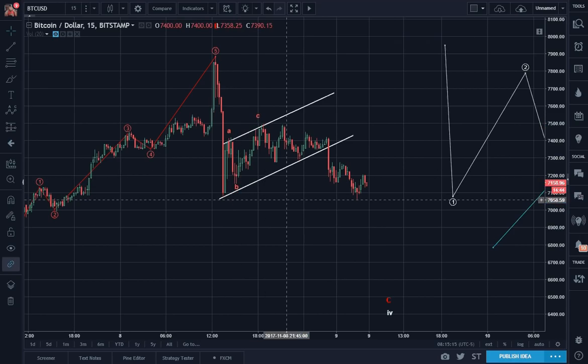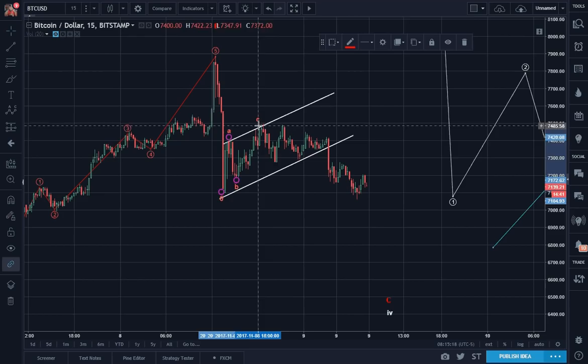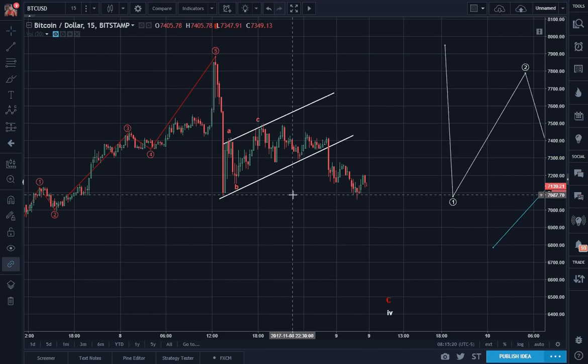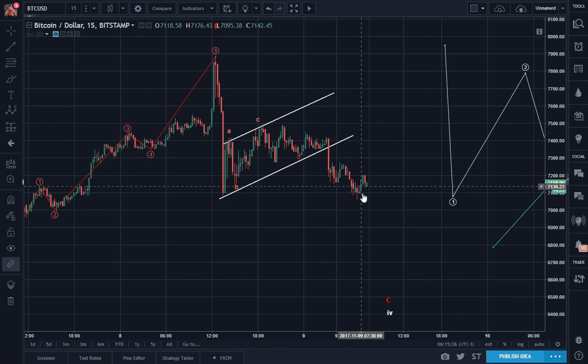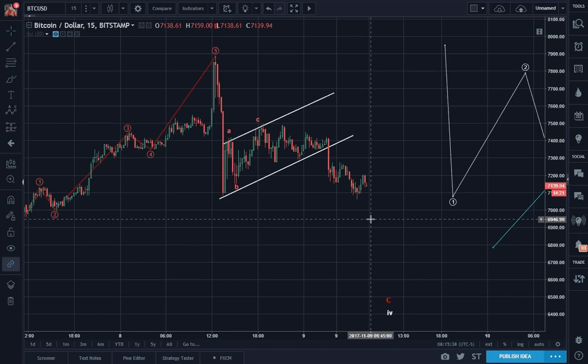I'm going to try and make every video analysis tutorial-like. It'll review the counts as much as possible. So I have A, B, C. Okay, C has 5 waves. 1, 2, 3, 4, 5. Beautiful. Now this 5 wave could be considered as ABC as well. Every 5 wave can be manhandled into an ABC count.